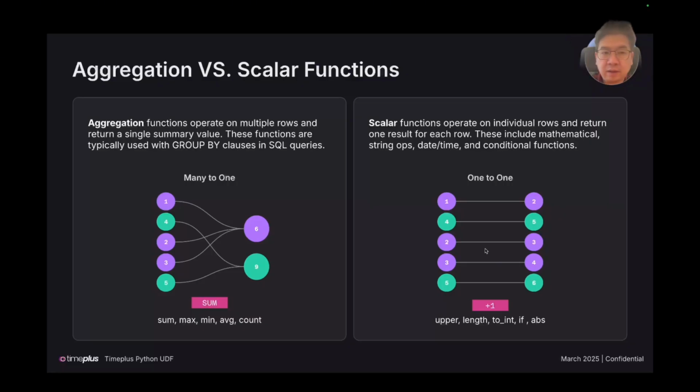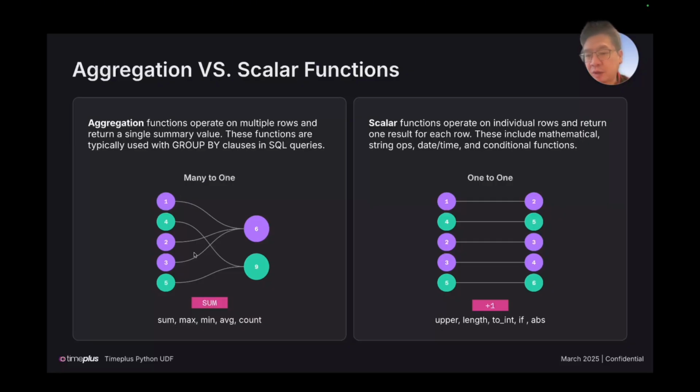Okay. Next, let's talk about two different types of SQL functions in Timeplus. It's also a common concept in other databases as well: the aggregation function and the scalar function. Aggregation functions operate on multiple rows. Here I have an example. It's a many-to-one mapping.